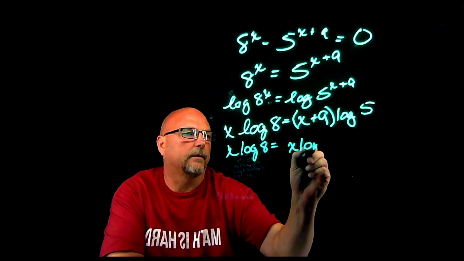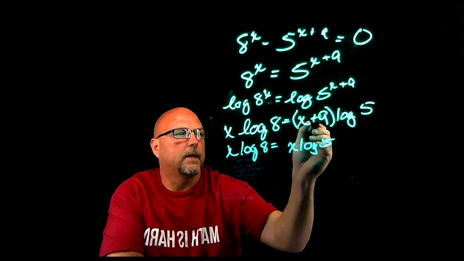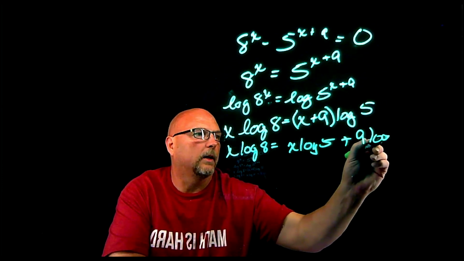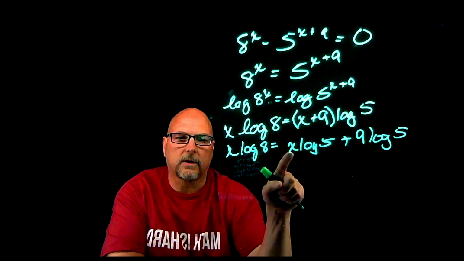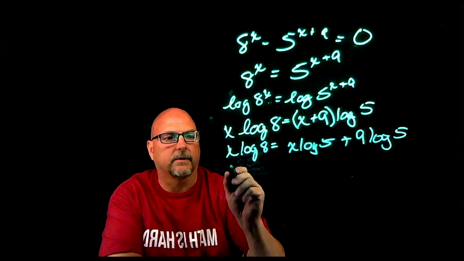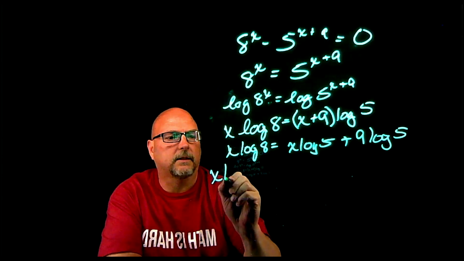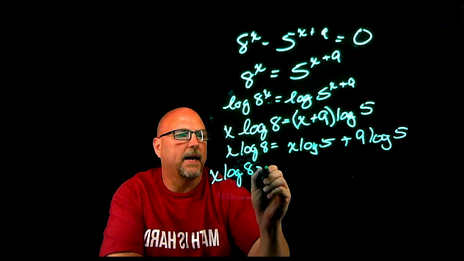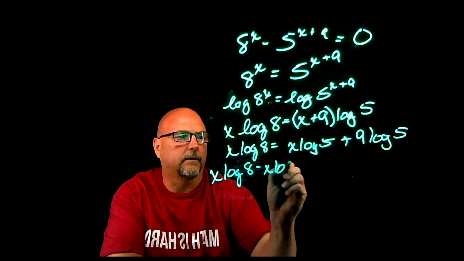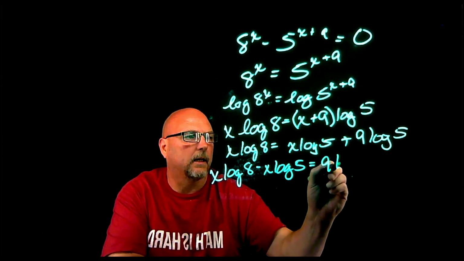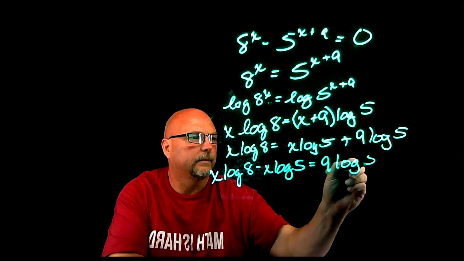x times the log of 5, and then distribute it on the 9, plus 9 times the log of 5. So this term has an x in it, so I'm going to group it with this term on the left-hand side. So I'd have x log 8 minus x log 5 equals 9 log 5.